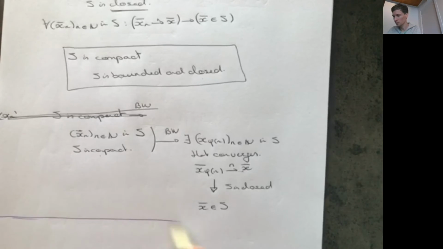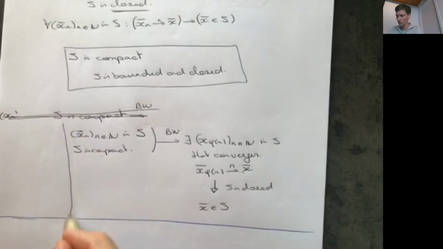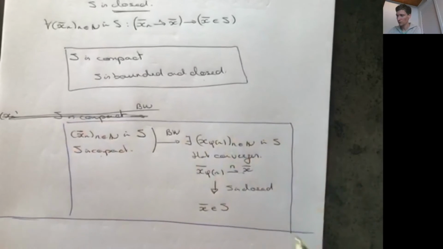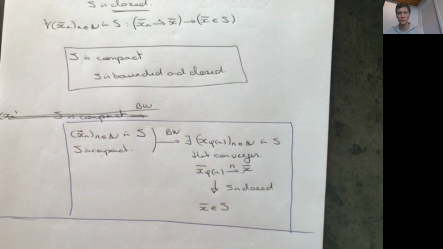That's the big advantage of capturing it in one definition, compactness. This is an easy consequence of the definition of closedness together with boundedness and Bolzano-Weierstrass.